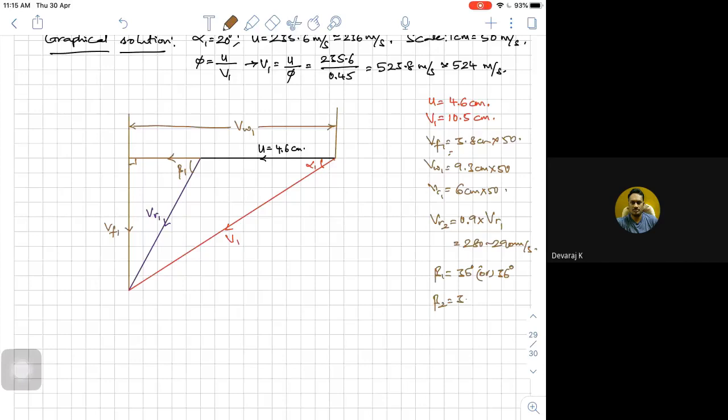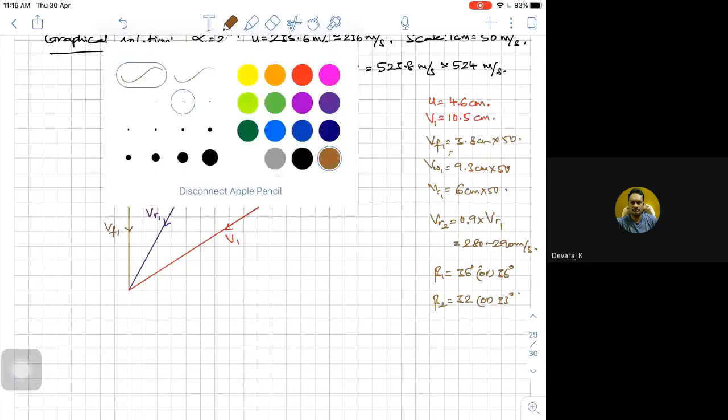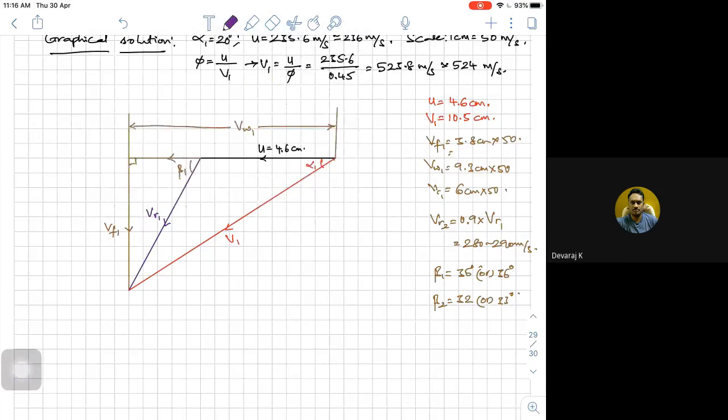So what is my VR2? VR2 is equal to 280. You convert it to perpendicular scale with beta 2. So you draw a line with beta 2 angle.